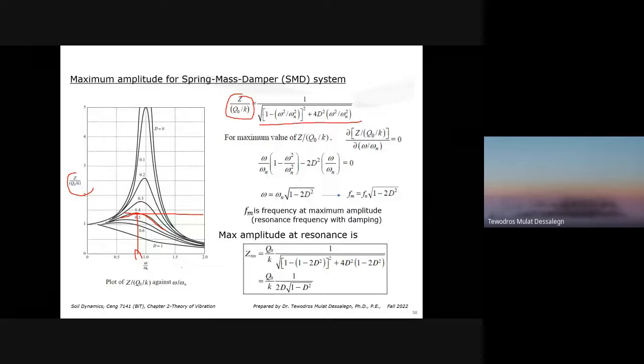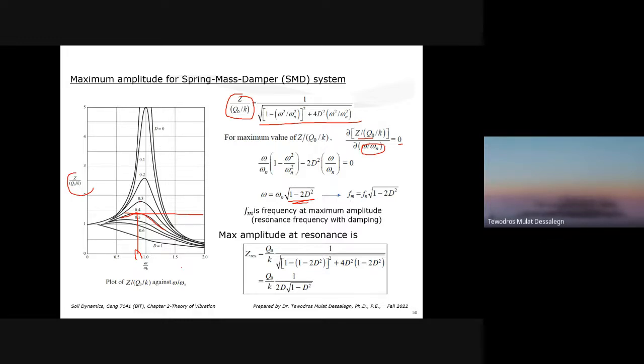So if you take the first derivative with respect to the frequency ratio and set it equal to 0, which is a horizontal line or the maximum value, and solve this equation, you'll find W and Wn giving you the equation W equals Wn times the square root of 1 minus 2D squared. So W by Wn is really giving you this with a damping ratio value.